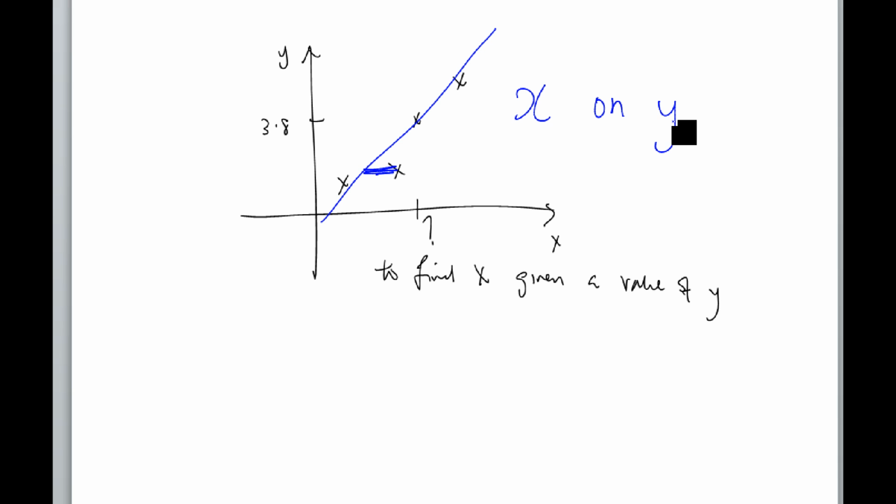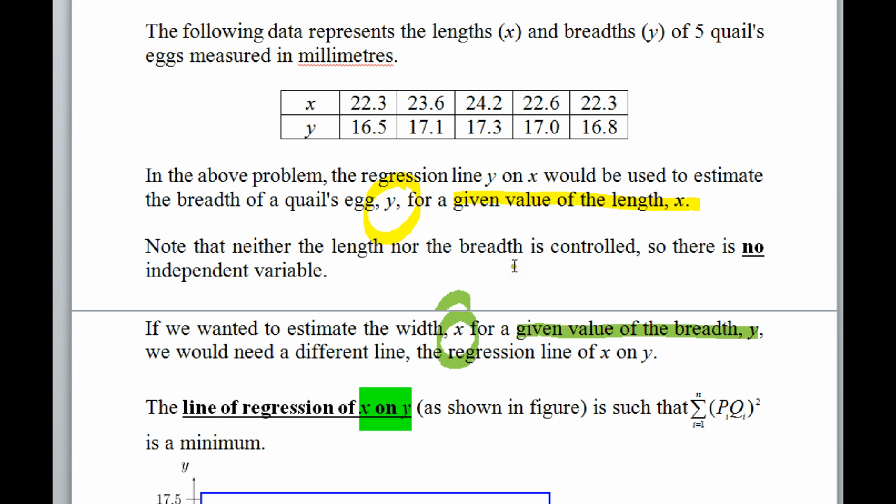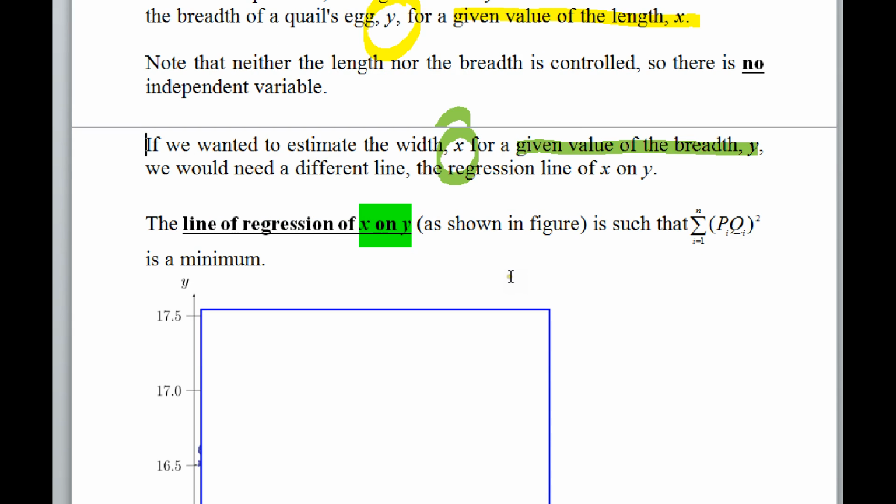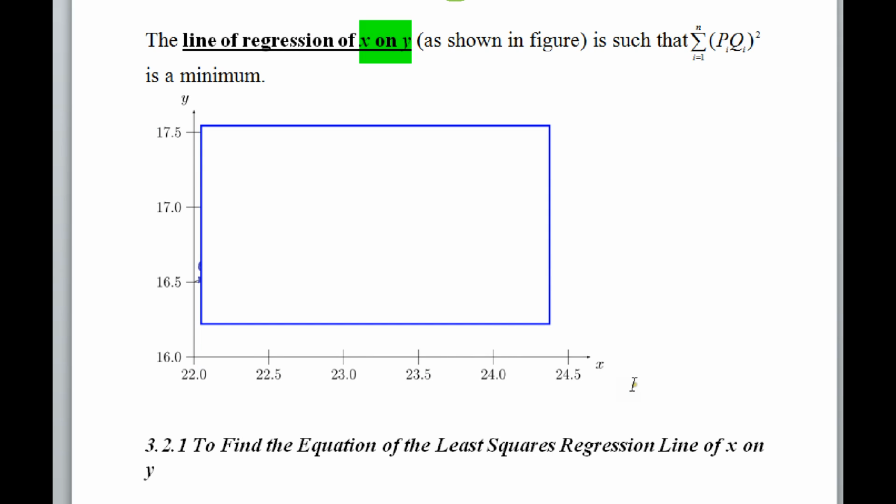This is the most difficult part. Okay? Wait. So, if you want to estimate x given y, then you will find the regression line of x on y. That's what I just said, right? So we will still draw a best fit straight line.